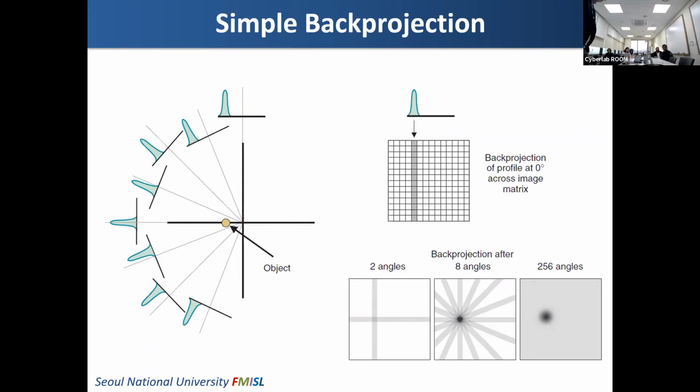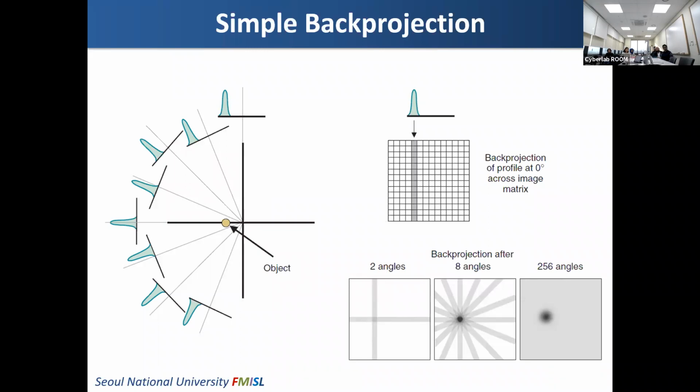For example, if we look at the point source from this direction, it will be concentrated at the center of this profile. But if we look at this point source from a different direction, the profile will be shifted like that. So in each different projection, the position of the point source will differ.